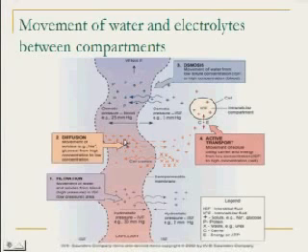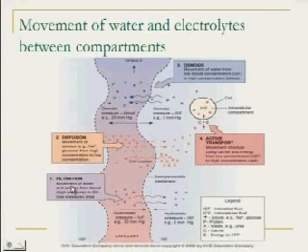And then there are means by which fluid will exist outside of the capillary or outside of the vascular space. This is referred to as the interstitial fluid. In the same process by which fluid moves in and out of the cell, we see some similarities by which fluid will move in and out of the intravascular space into the interstitial space.